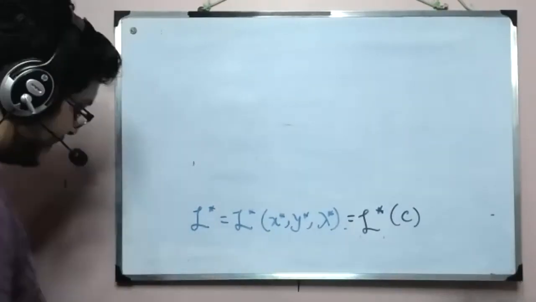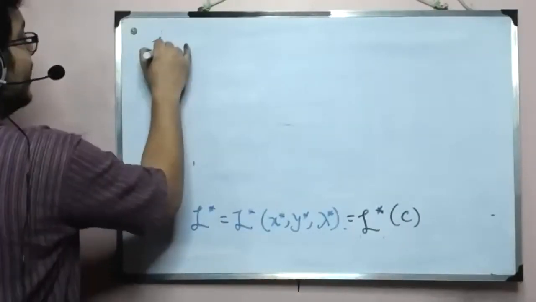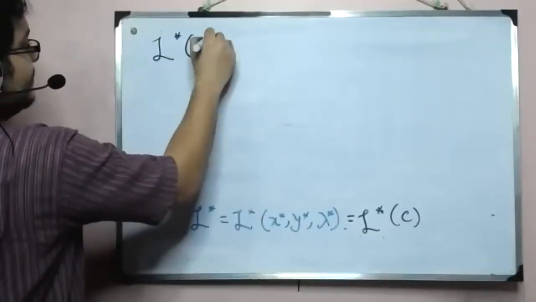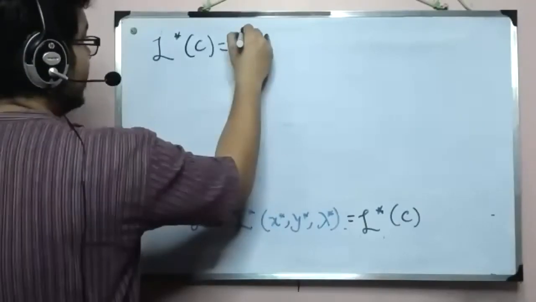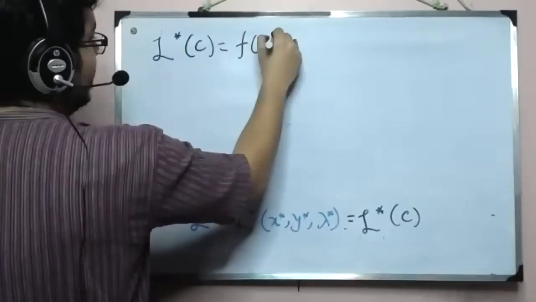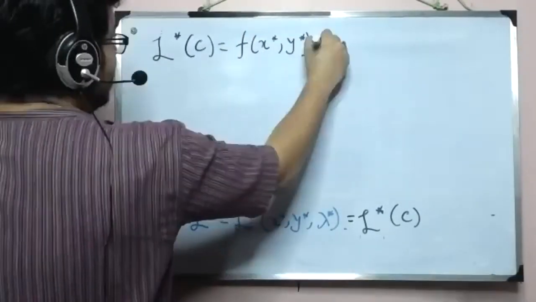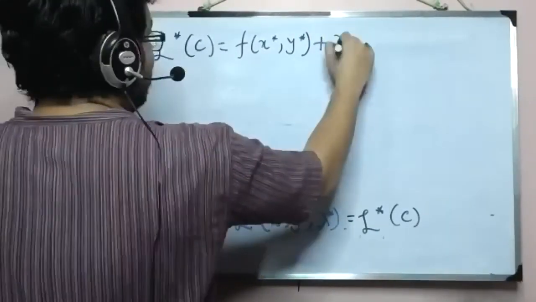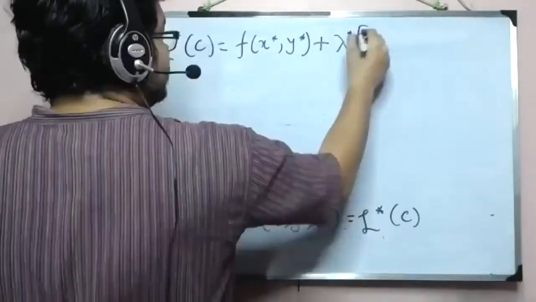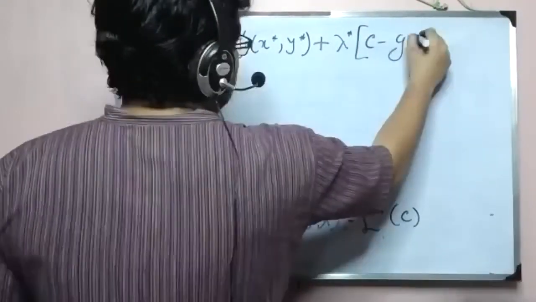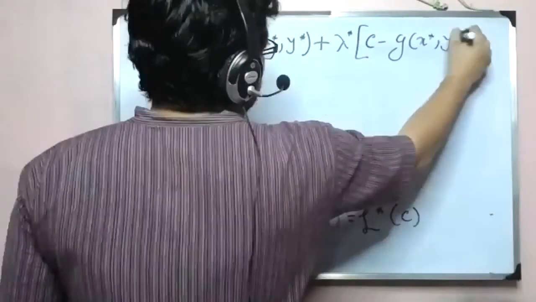Script L star of C is basically f of x star, y star plus lambda star times C minus g of x star, y star.